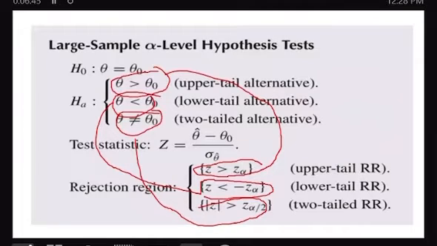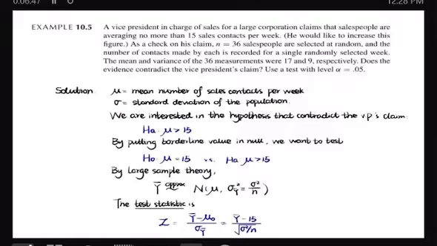Okay, I'm going to walk you through an example now. Take a look at this. The vice president in charge of sales for a large corporation claimed that salespeople are averaging no more than 15 sales contacts per week. He would like to increase this figure.